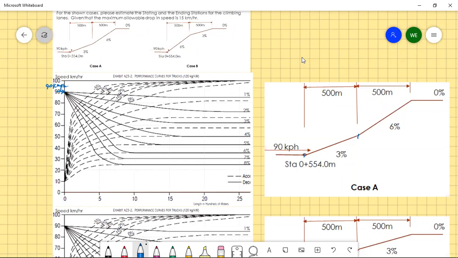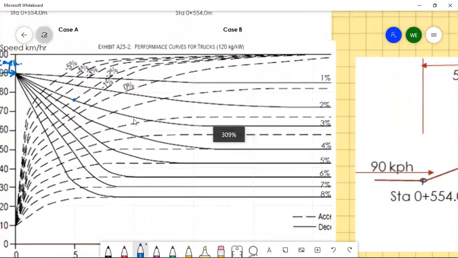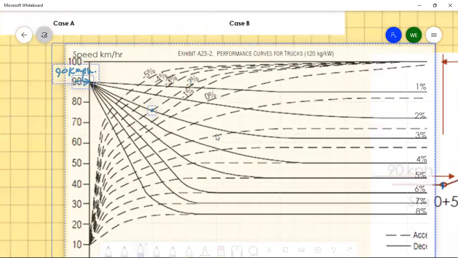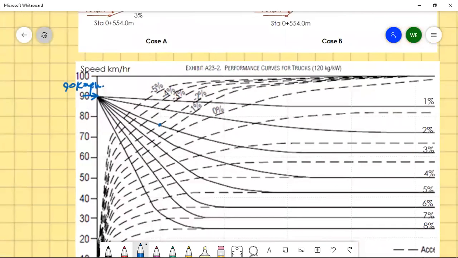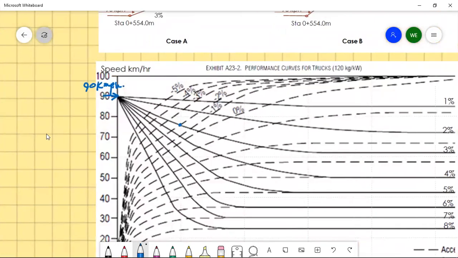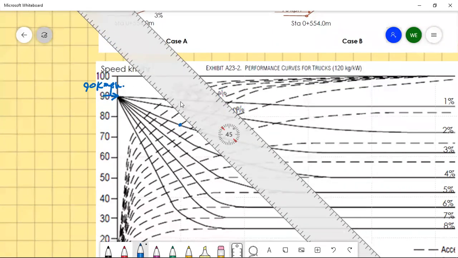When we reach that point, that's the 3% grade. So this is going to be the exit speed from here. Let's look closely. I'm sorry. Let's just use the ruler to draw a line.